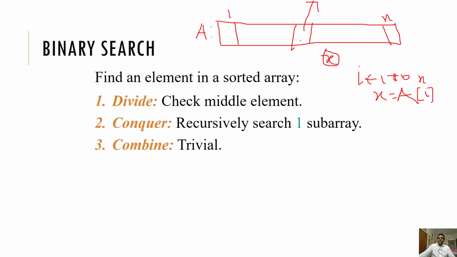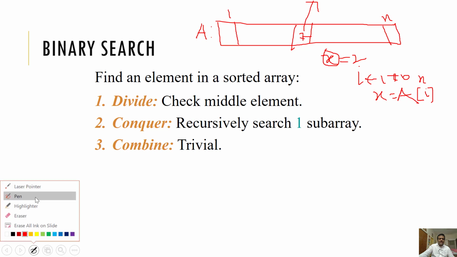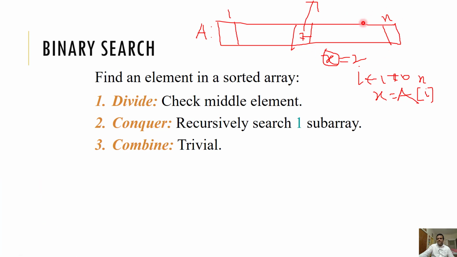Otherwise, there are three possibilities: equality, less than, greater than. If x is less than the middle element, suppose the middle is 7 and we are looking for x equal to 2, then definitely 2 won't be on the right side because this is a sorted array and every element there is greater than 7. So, 2 has to be on the left. So, we call binary search again on this subarray.